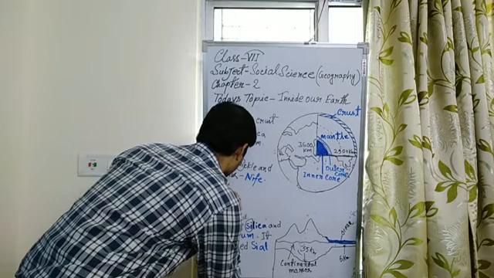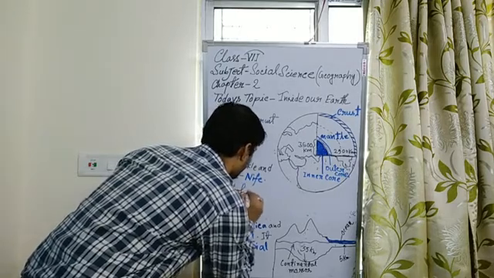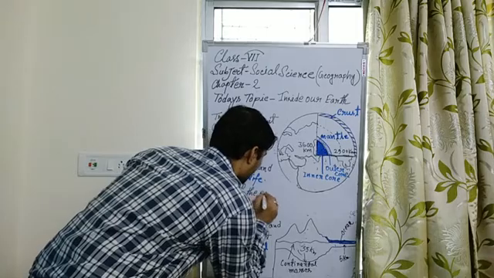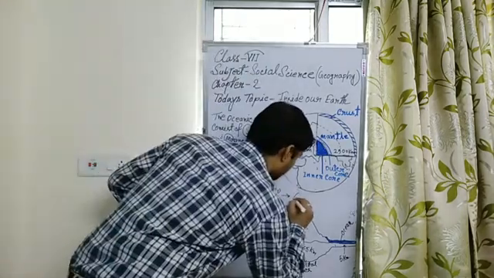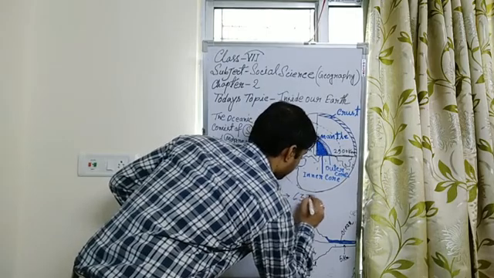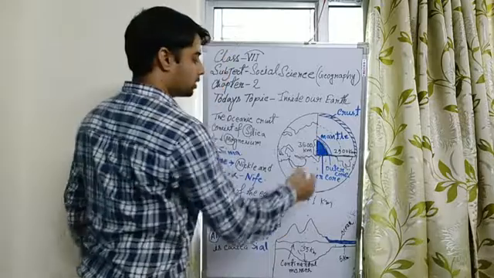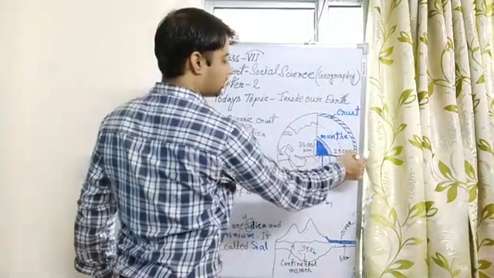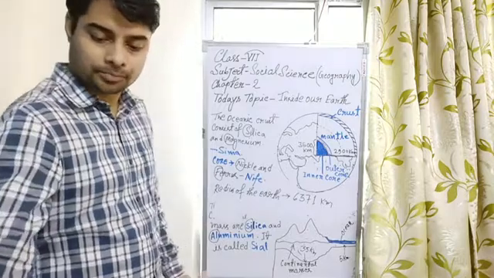That is the portion from here to here. Math students can easily understand this thing.